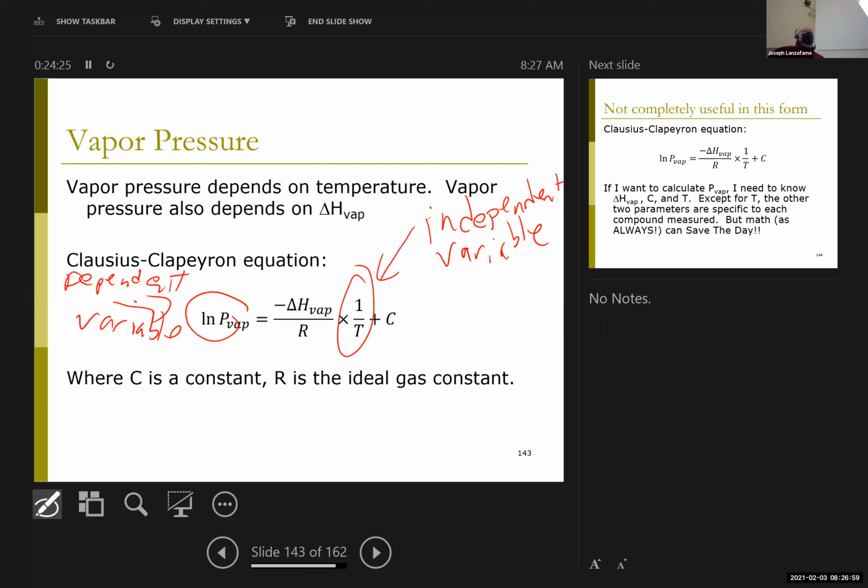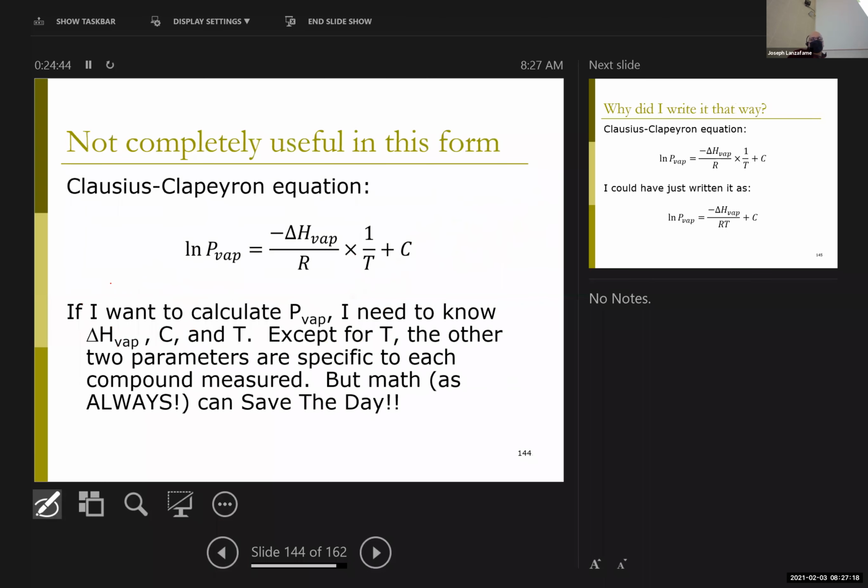If I do that, what Clausius and/or Clapeyron, and frankly, probably really just their graduate students, did was just measure the vapor pressure at a whole bunch of temperatures and make a graph. That's why this equation has this form. It's really a y equals mx plus b.